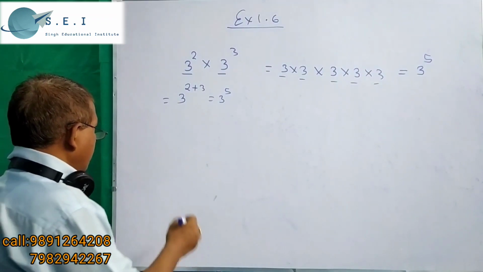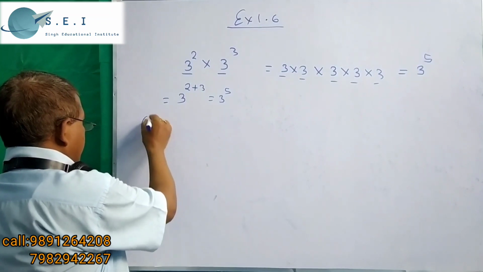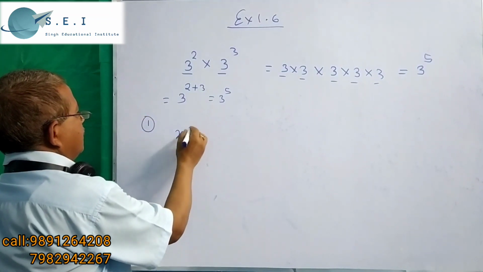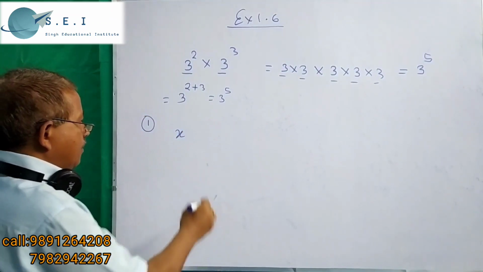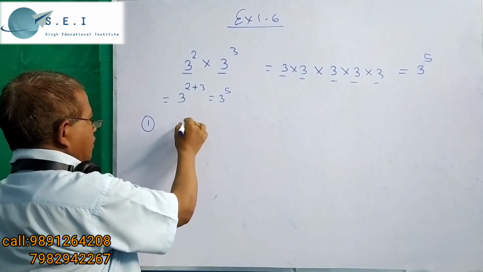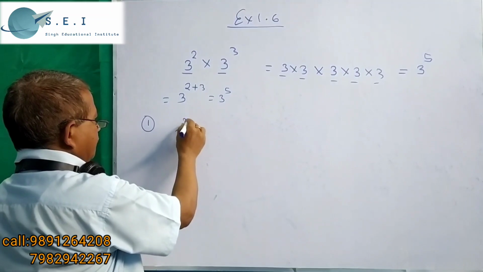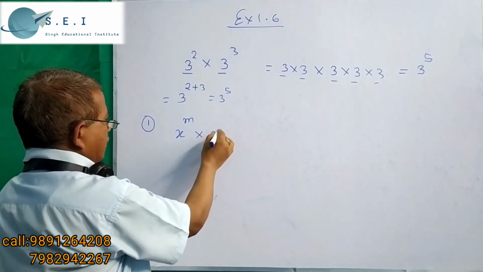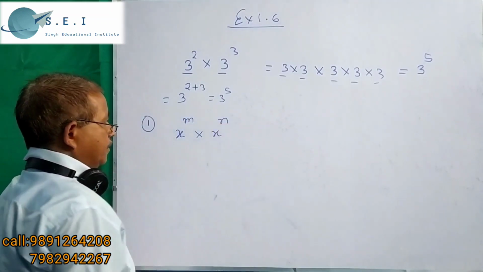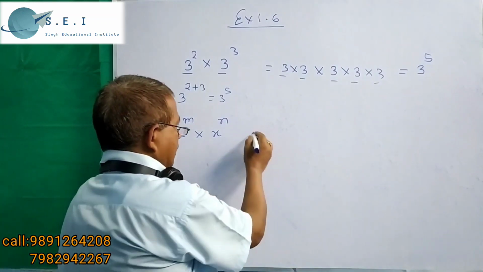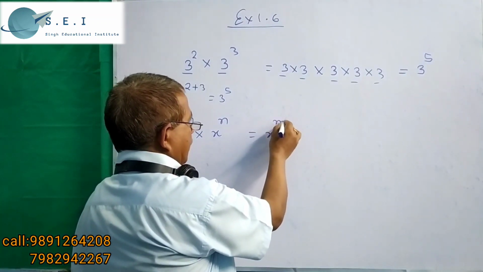Now, what are the rules? First, if two exponential numbers are multiplied, x to the power m multiplied by x to the power n, then the answer is x to the power m plus n.